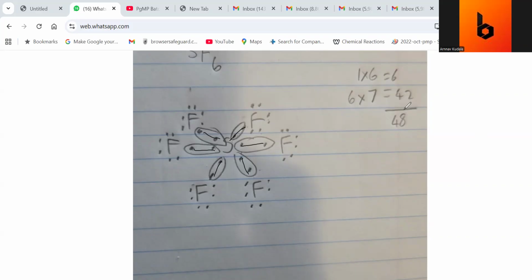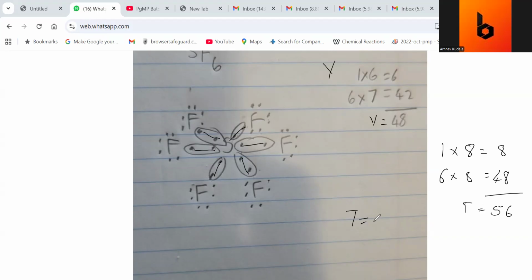The other rule I was going to tell you: 1 into 8 requires an octet, and 6 into 8, so we get 8, 8, and the number I get now is 56.